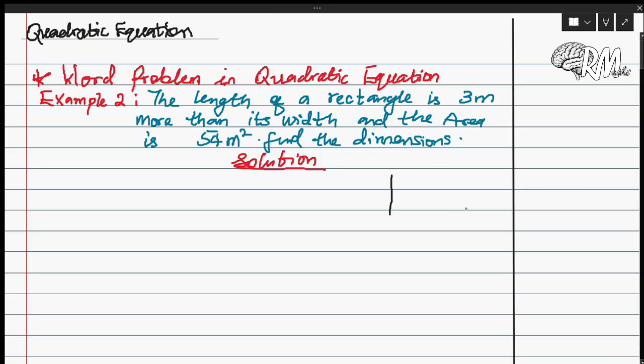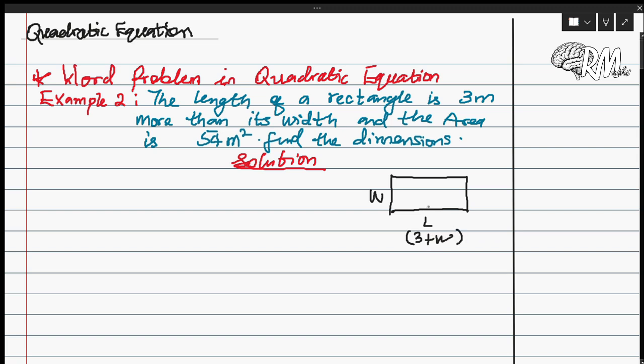If I have my length here and my width here, this length simply means, from the question, 3 meters more than the width.